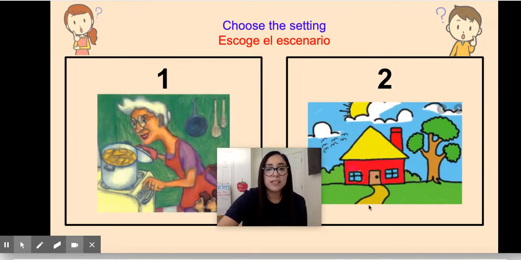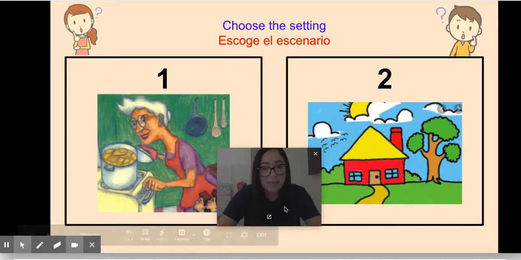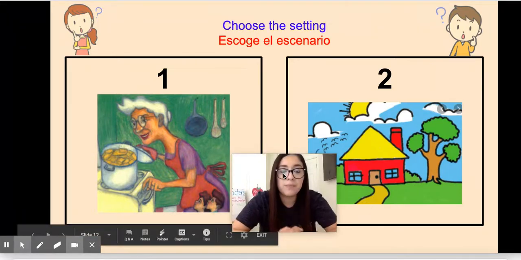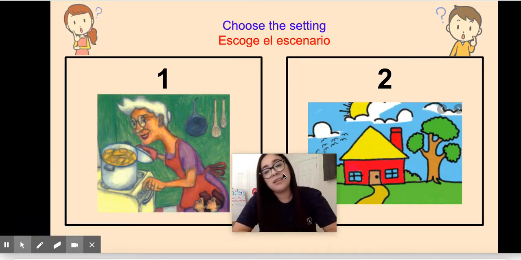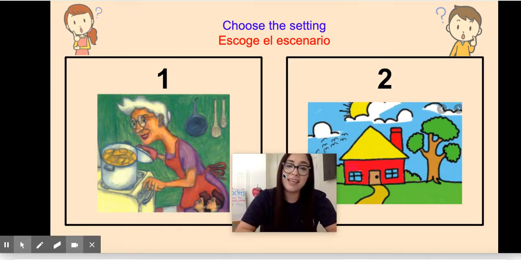Okay, now look at these two pictures. Let's see which one is the setting. The first one, that looks like Grandma Lupe, and I see the two kids on the bottom. And then picture two has a house, trees, it's daytime. It looks like a beautiful sunny day.